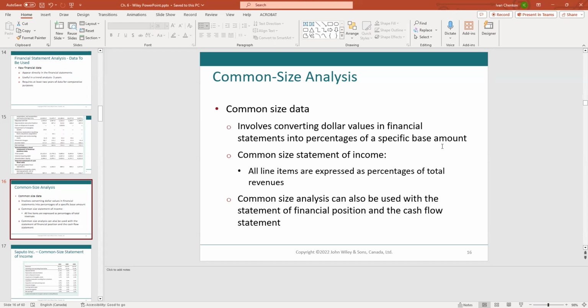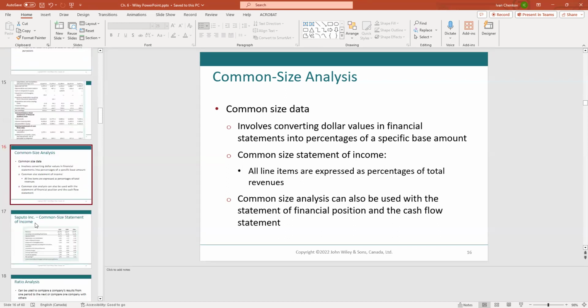Now we have to find what the specific base amount will be. In the common size income statement, all the lines will be converted as a percentage of the total revenue.